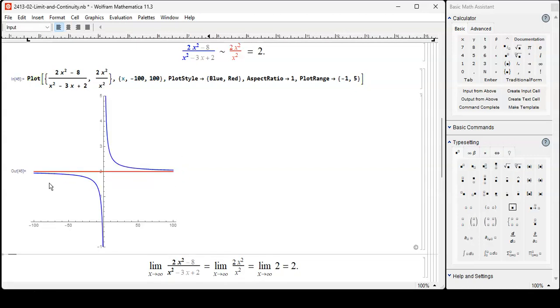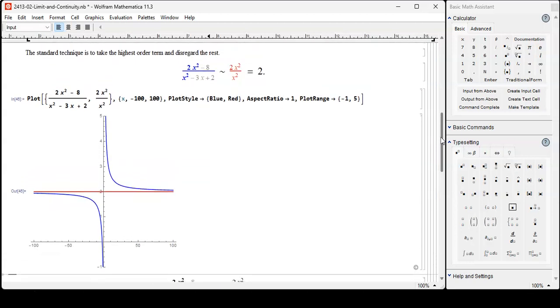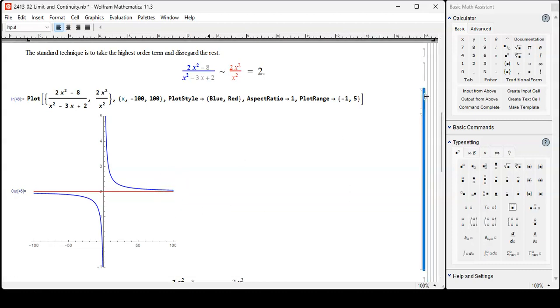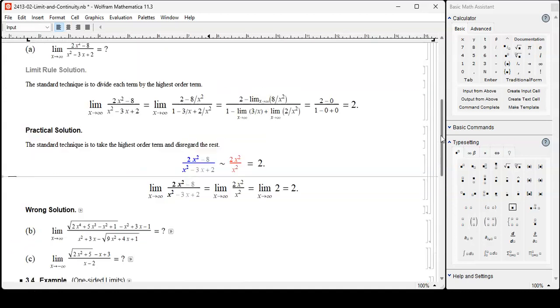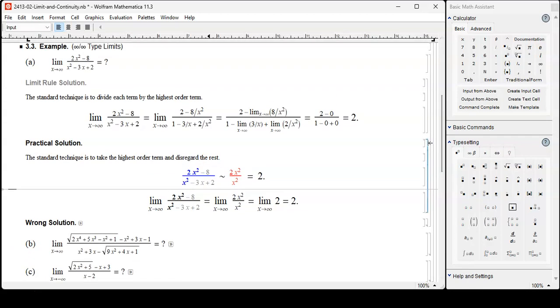You can clearly see the asymptotic behavior. So red and blue are not the same, two different curves, two different graphs, but asymptotically they behave the same. They share the same limit at infinity. So you cannot say these two are equal functions, but you can say their limits are equal.